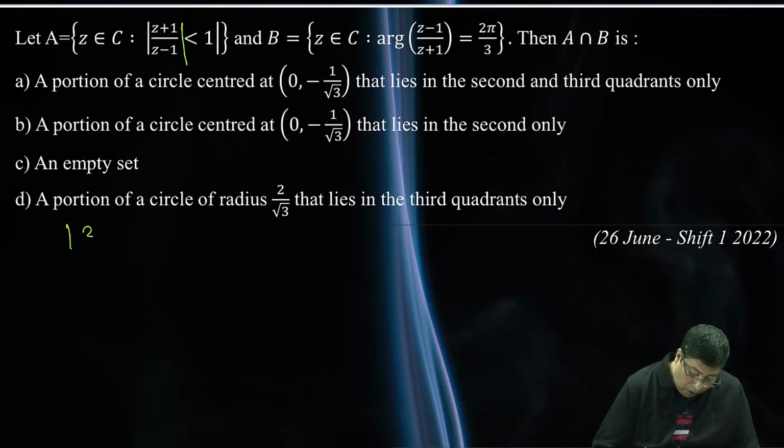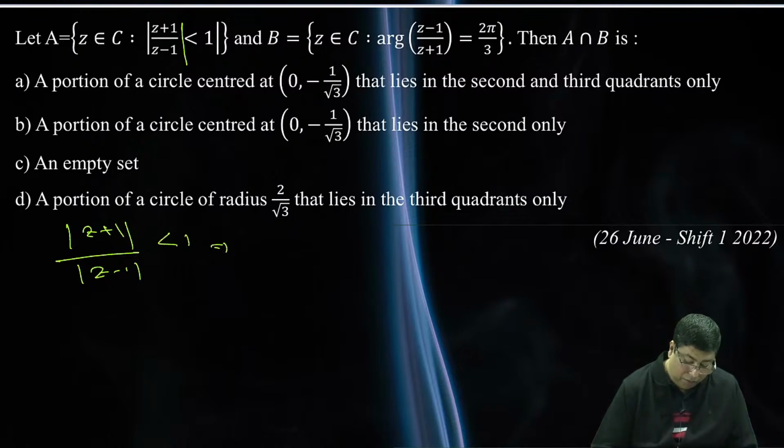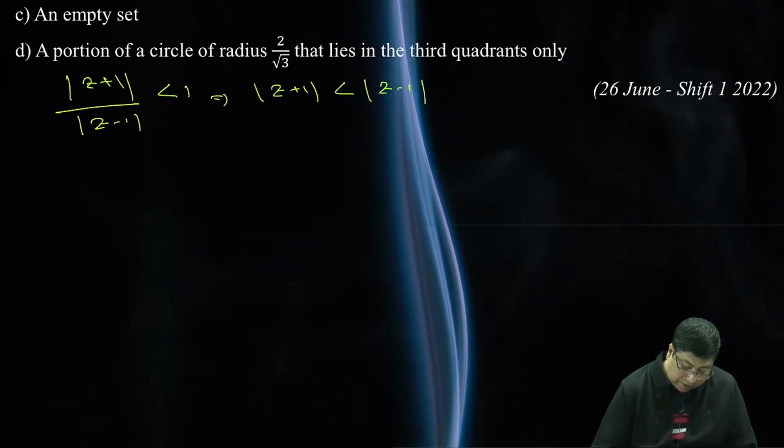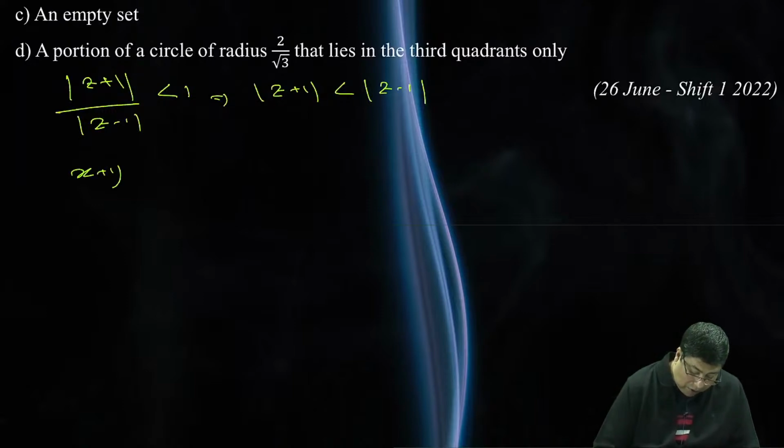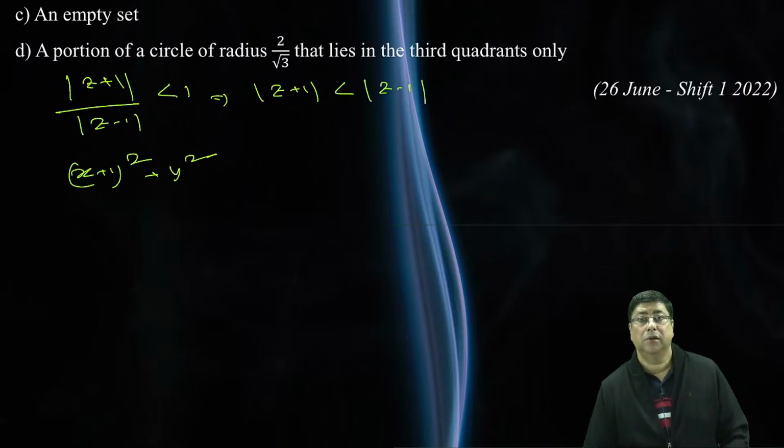First of all, mod of z plus 1 by mod of z minus 1 is less than 1. Therefore, mod of z plus 1 is less than mod of z minus 1. We can write this as x plus 1 whole square plus y square, since z plus 1 is x plus 1 plus iy, less than x minus 1 whole square plus y square, since z minus 1 is x minus 1 plus iy.